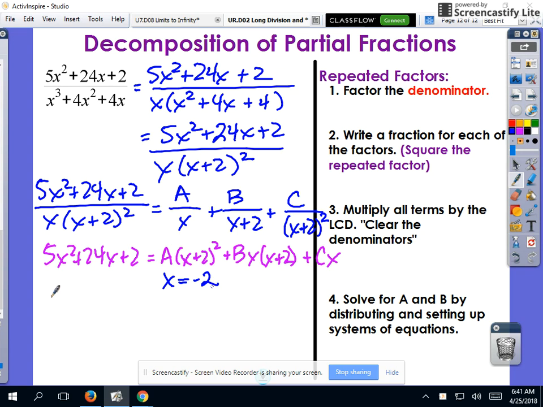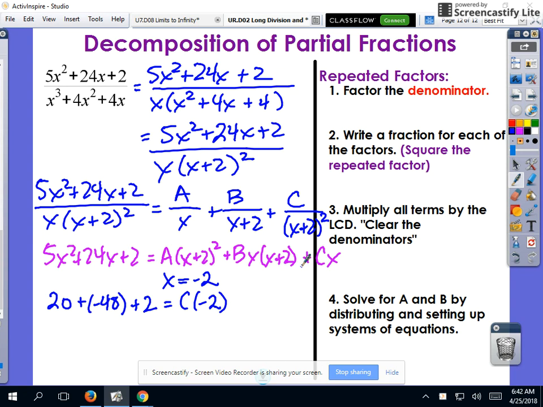So 5 times negative 2 squared is 20, plus negative 48, because it'd be negative 2 times 24, plus 2, equals C times negative 2, because this whole term cancels and this whole term cancels if I plug in negative 2. All right, I can solve for C.